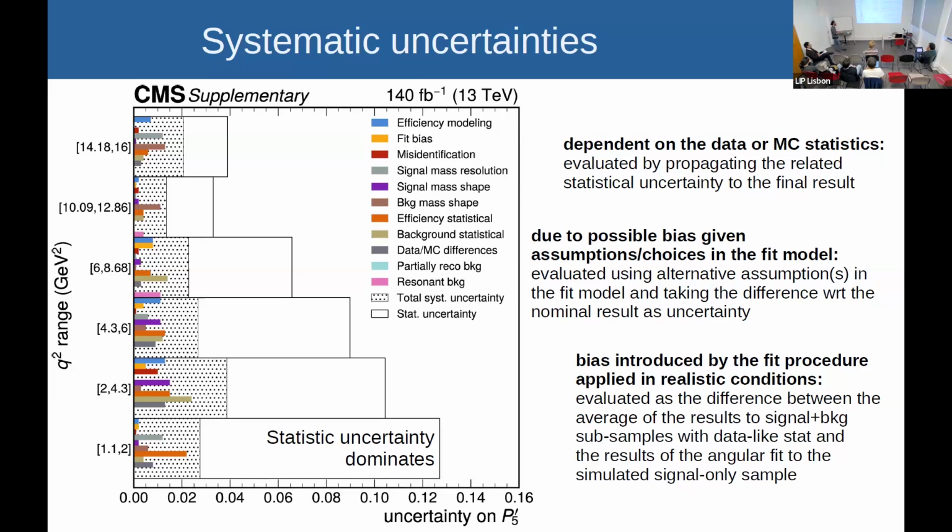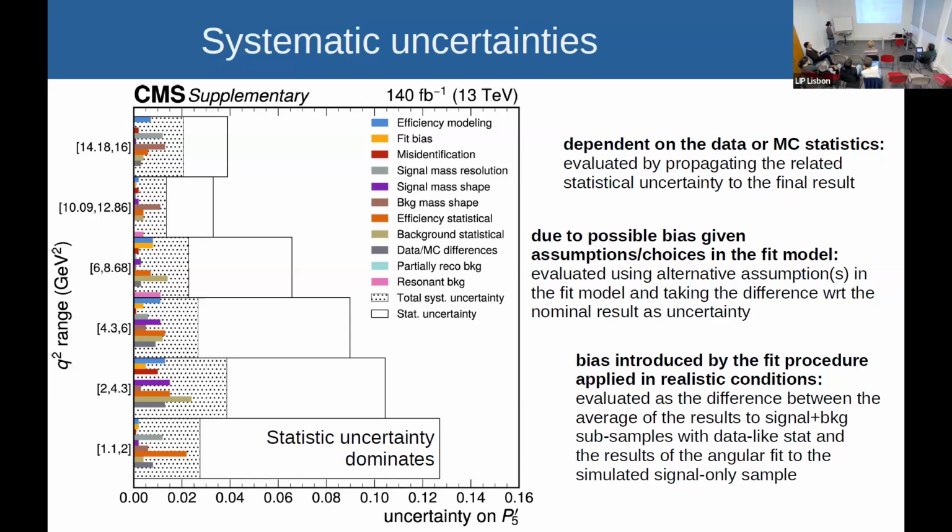This is performed by comparing a fit on a simulation with high statistics, so a lot of data, and fits with subsamples, producing the pulls of the results. It also accounts for differences between simulation and data, for example, for the efficiency, as I mentioned earlier. So everything is included in this class of systematics.